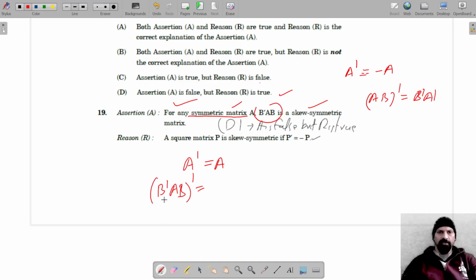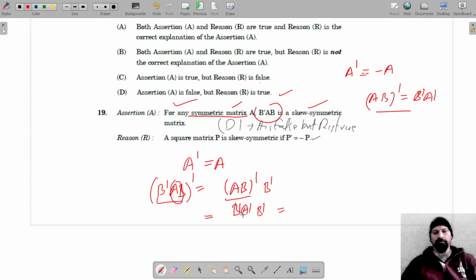So I can write it as, considering this as one unit, AB, the whole transpose into B transpose. And AB, the whole transpose, I can write using this formula once again. So this is B transpose A transpose into B transpose.